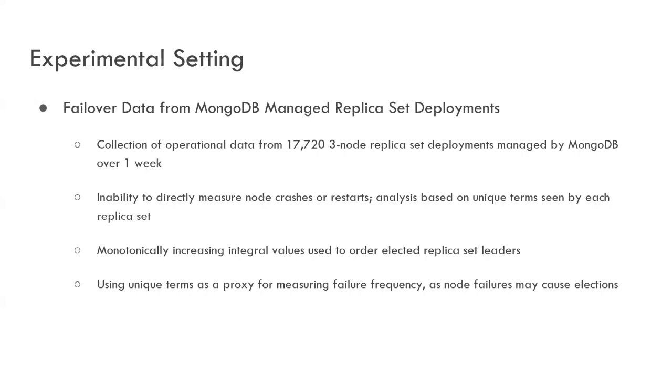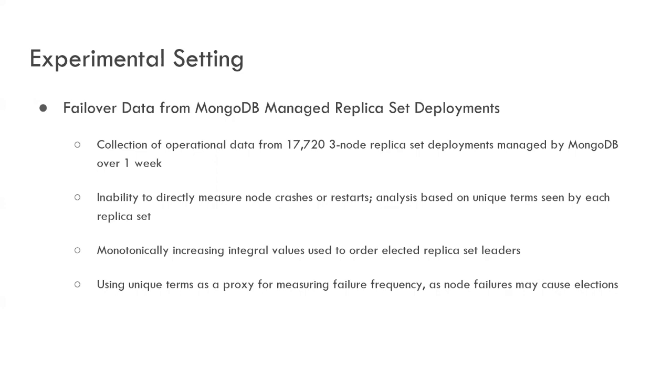This serves as a rough proxy for measuring failure frequency, since node failures may prompt an election. While it's possible for a term increase to happen across a replica set without a successful election of a new primary, such occurrences are expected to be relatively rare.